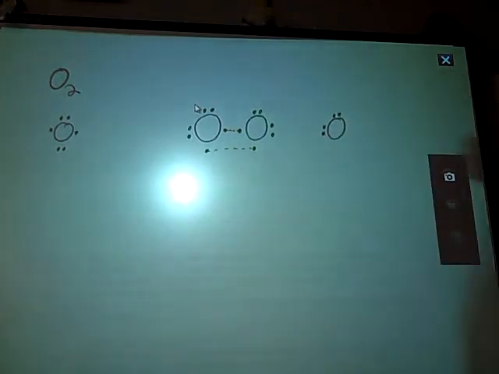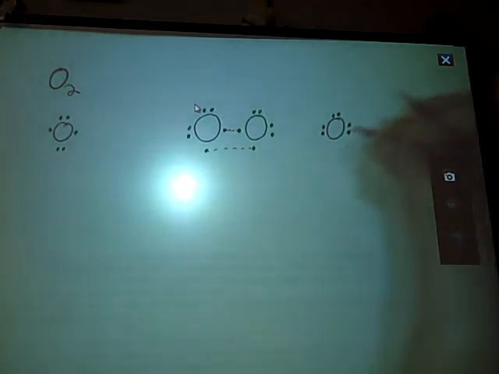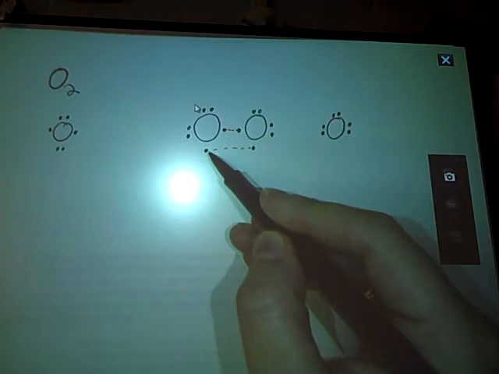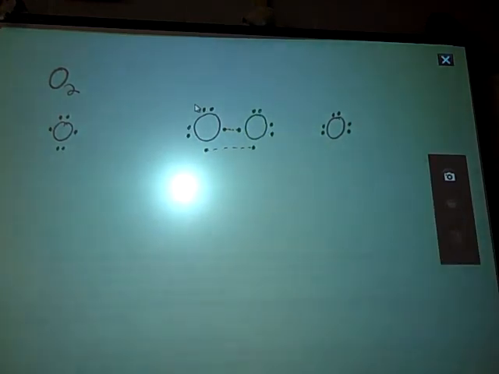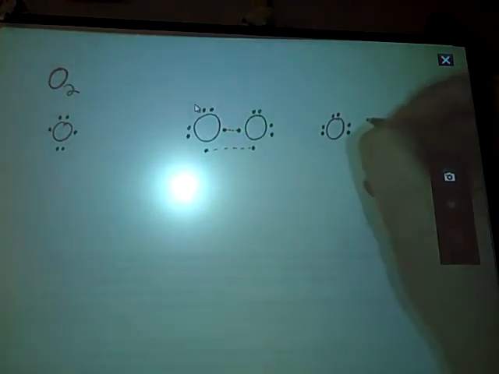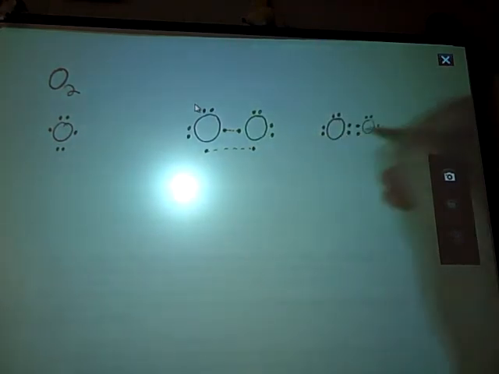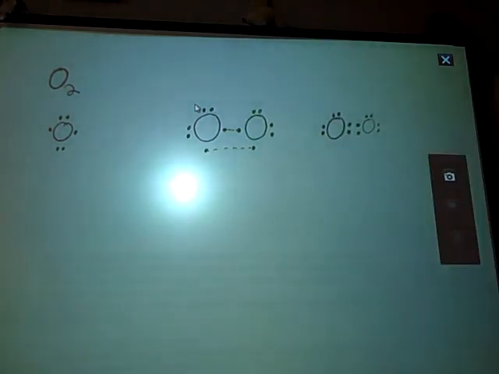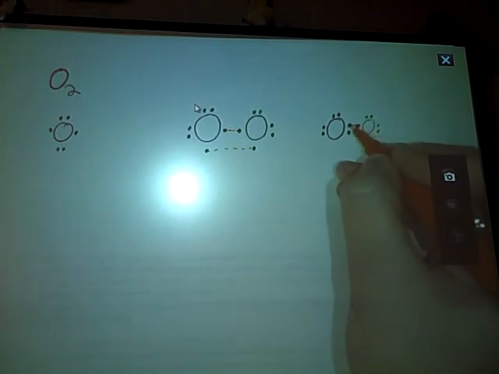There's my pairs. Here's my 2 lones, my 1 from the side and my 1 from the bottom. My other oxygen had a pair on the top and a pair on the side as well. Here's my 1 from the middle and my 1 from the bottom. They are pairing.